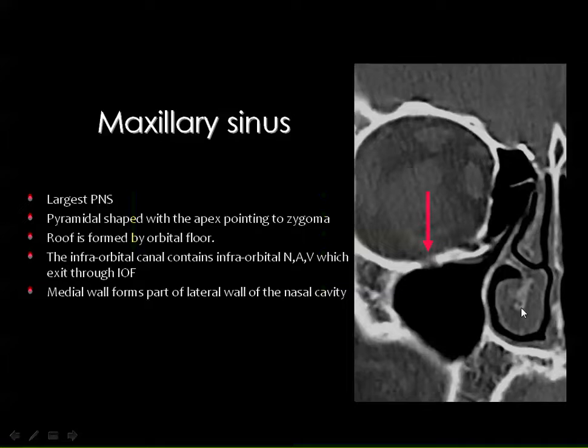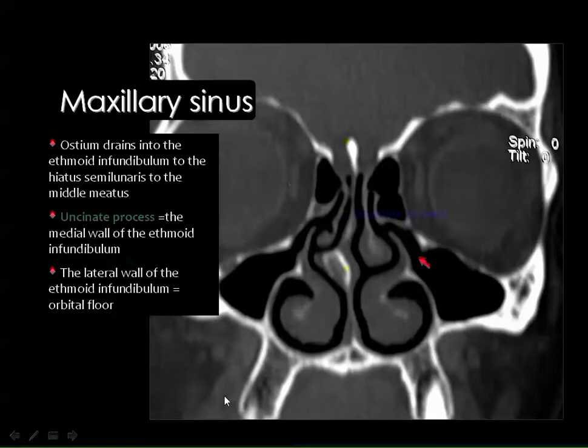This is the inferior turbinate, and this is the middle turbinate. Then this red arrow points to the site of the maxillary antral ostium, and this is the ethmoid infundibulum, and here is the hiatus semilunaris, and this is the middle nasal fossa.